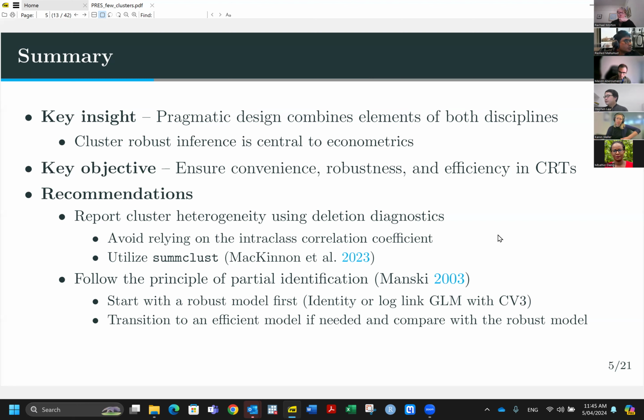I don't know, because you are talking about proposing some guidance or some principles for future analysis. So this is an approach for the audience: for all CRT, we should first do A and then B, instead of jumping to the efficient models, as biostatisticians are doing at the moment.